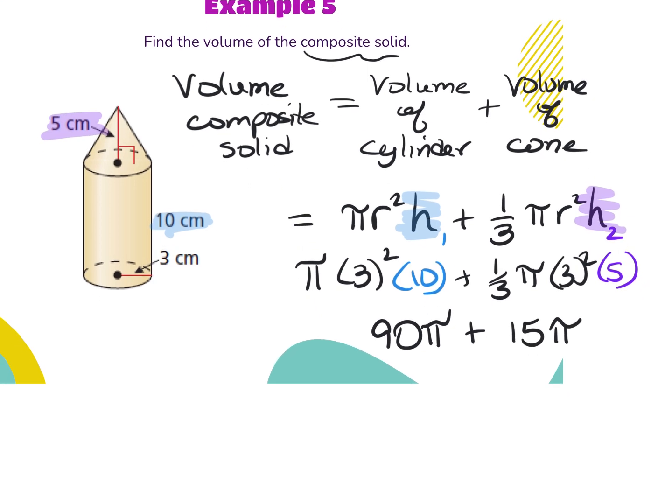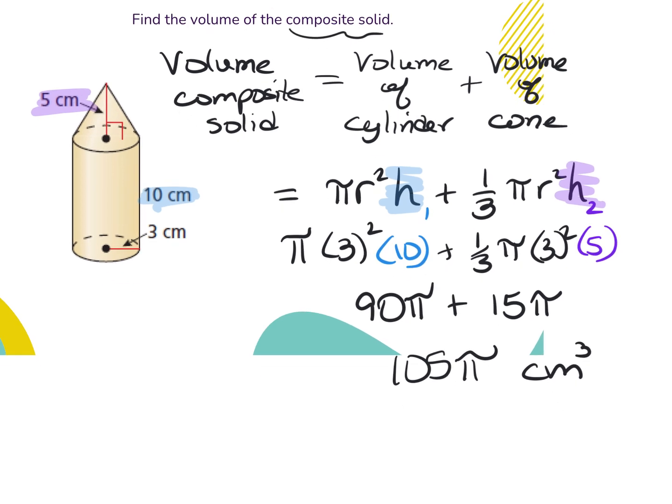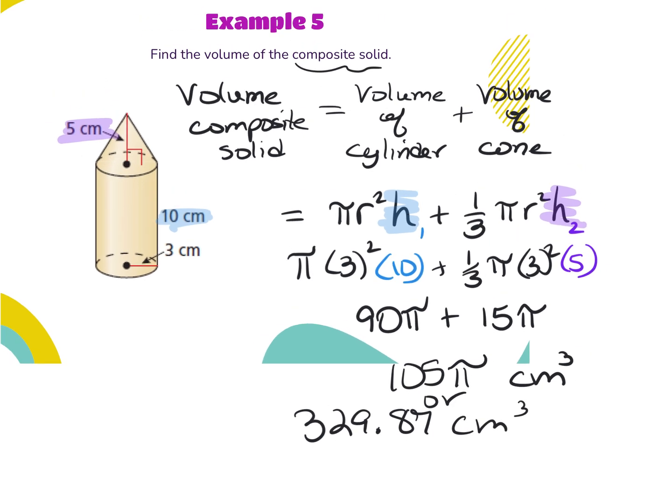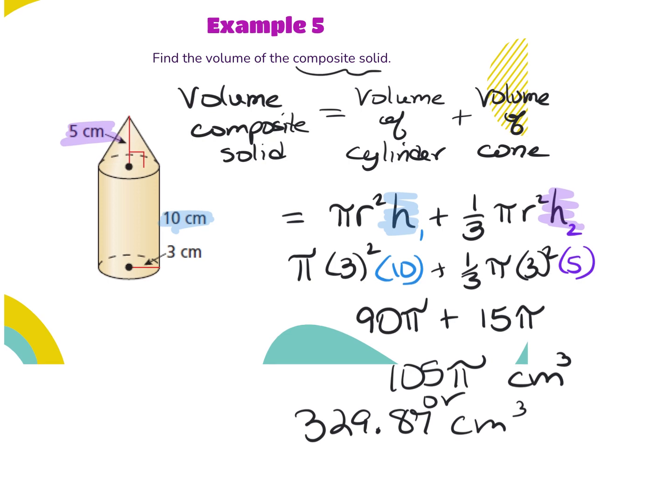Add them together. In terms of pi, it's 105 pi centimeters cubed. Rounding to the hundreds place, 329.87 centimeters cubed. So again, just read how they want you to leave your answers.